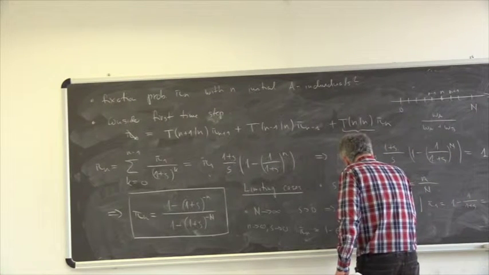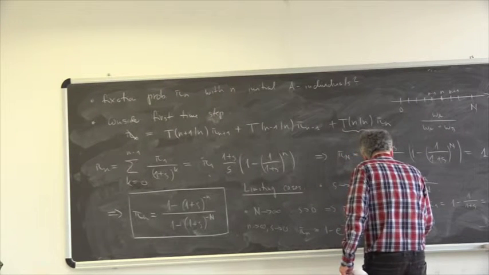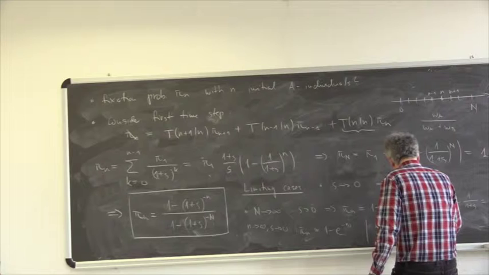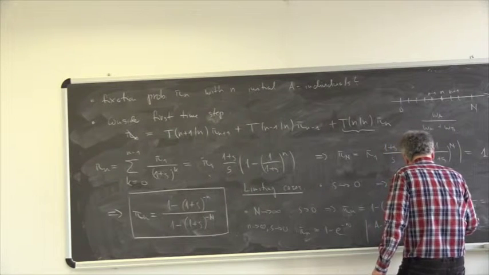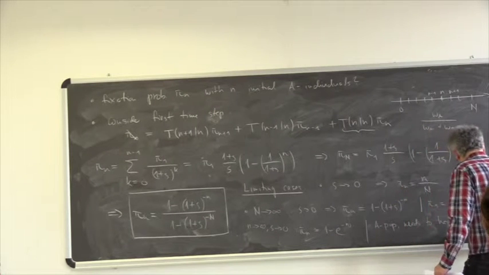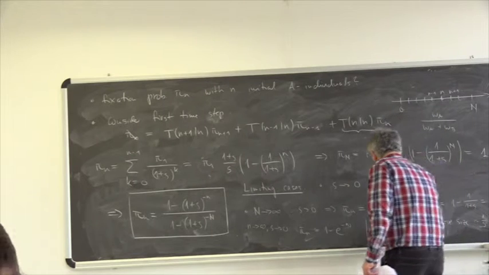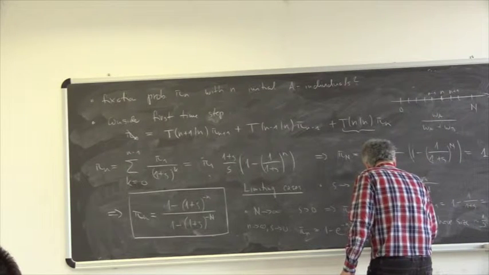So the A population needs to have a size of order 1 over s to be able to survive with high probability.